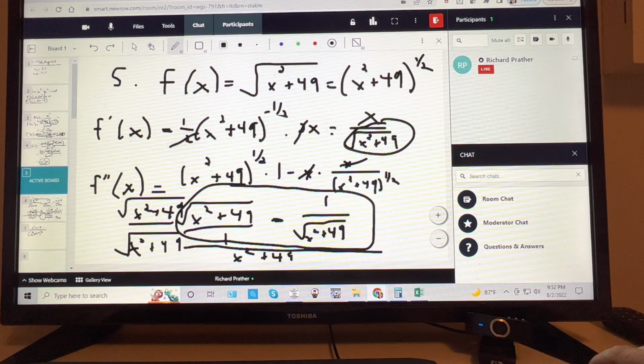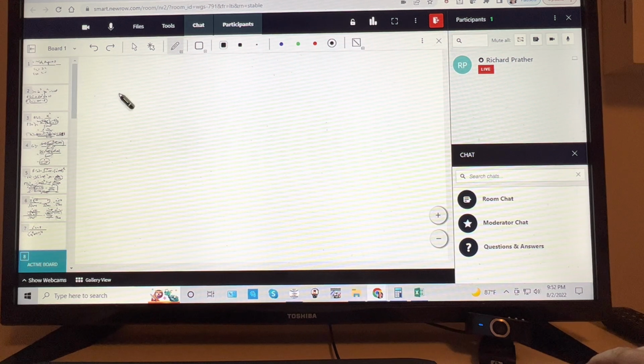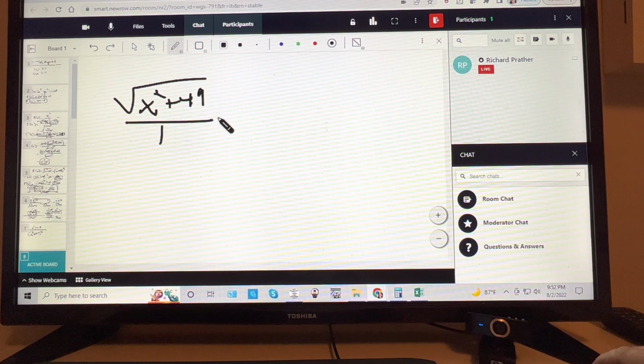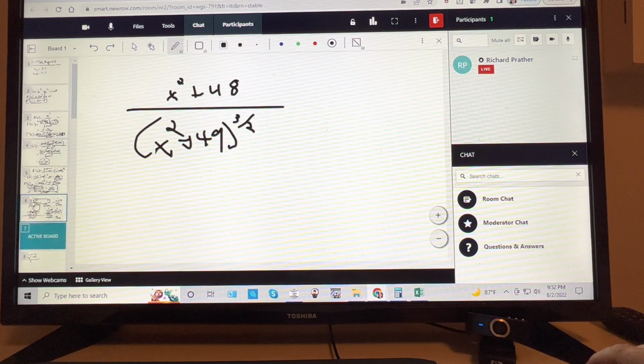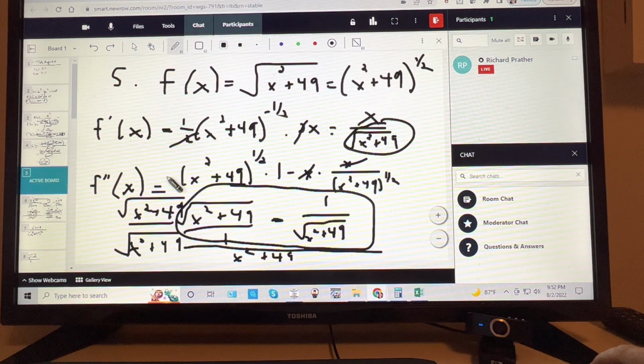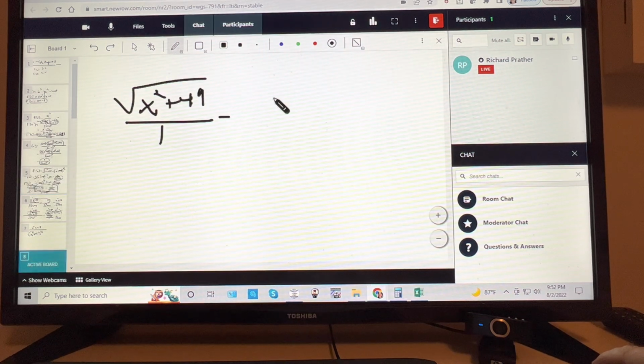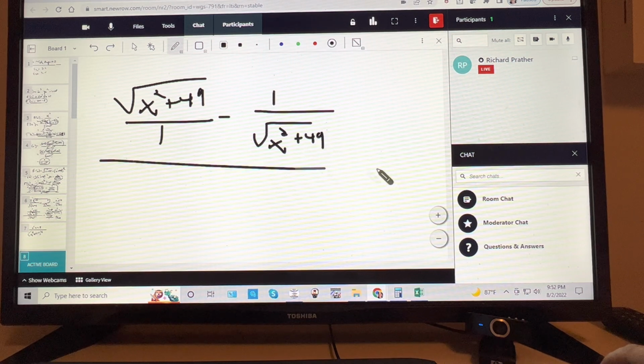Okay, so let me back up here. So I had square root of x squared plus 49 over 1 minus 1 over that square root, and then the whole denominator would just be x squared plus 49.